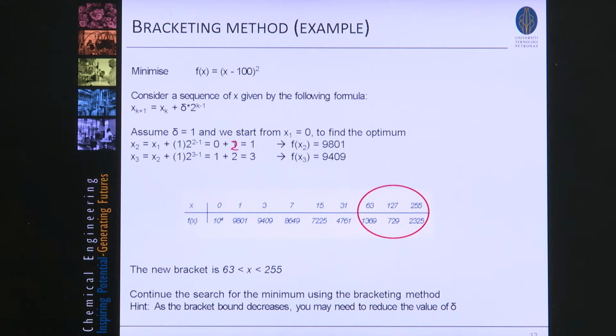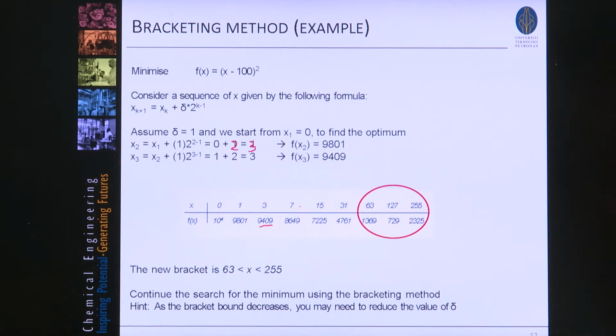So 0 plus 2 is then 3 in this case. This number is not correct, but you can calculate that. So if we put x2 equals 3 and calculate f, you get the new value here, maybe 9409.